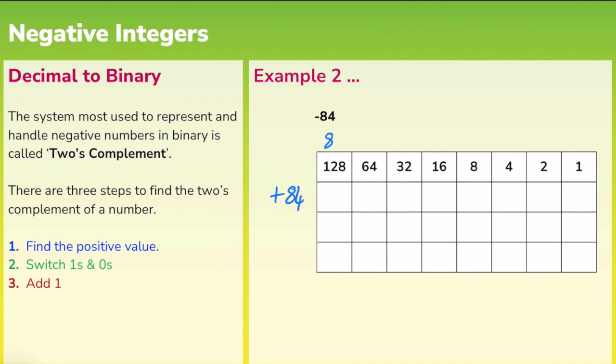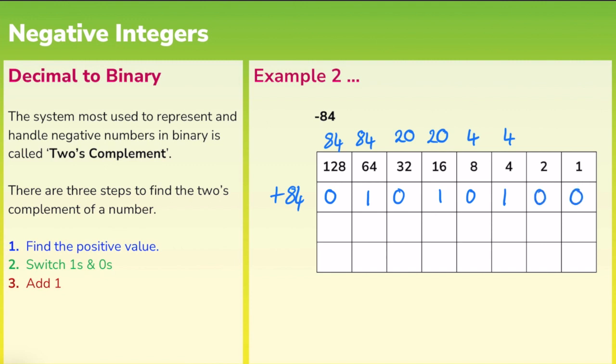So 128 into 84 doesn't work, so we put a 0. 64 into 84 works and leaves 20. 32 into 20 doesn't work, so we carry it. 16 into 20 works and leaves us 4. 8 into 4 doesn't work. 4 into 4 works, and therefore we have nothing left.